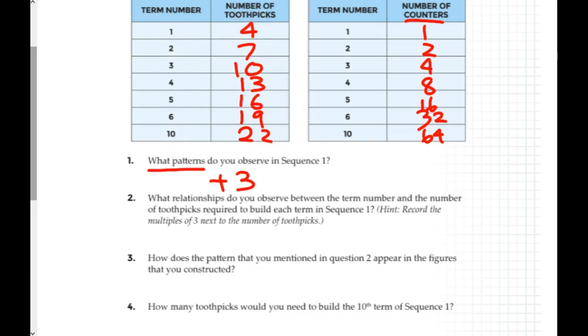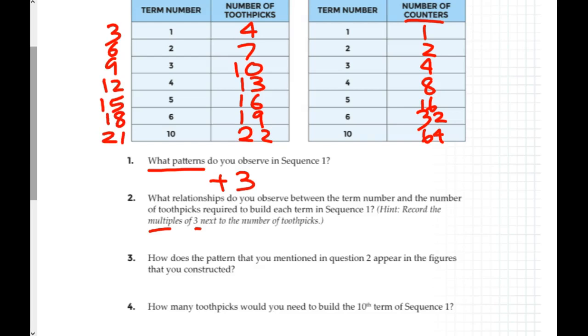Let me back this up. So the hint, record the multiples of 3, okay? So let's think about the multiples of 3 off to the side here. 1 times 3 is, 2 times 3. Okay, and then 9, 12, 15, 18, and then 21.